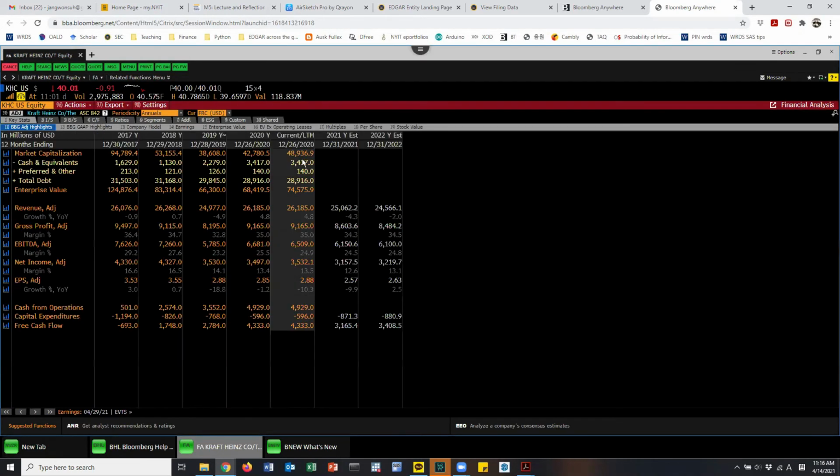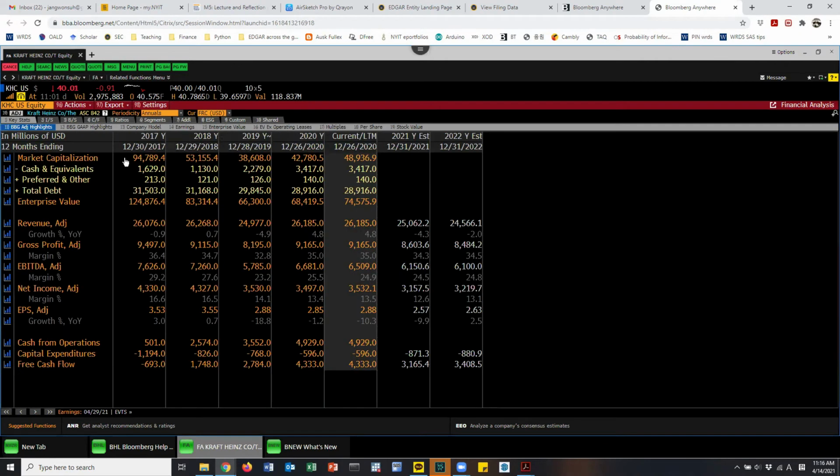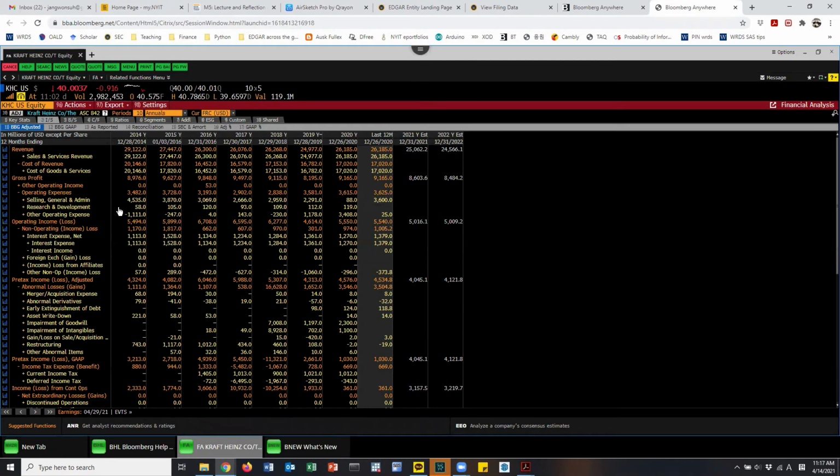Oh, this is sort of too small. Okay. And then IS means income statement. Then you have the raw numbers, but what I want to see is percentages, meaning percentage of, for example, gross profit to the revenue. Okay, you click here, GAAP. What does that mean?